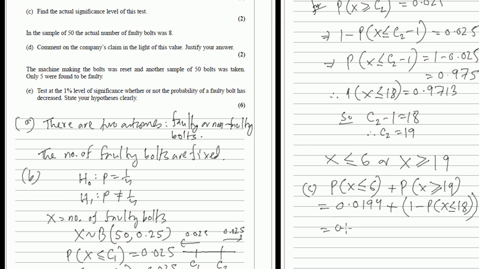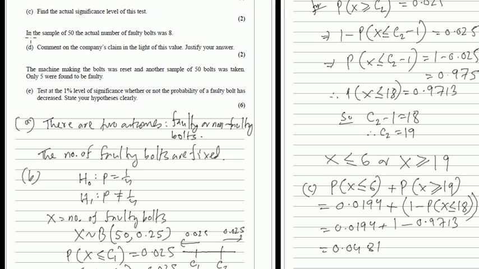So let's put in the values: 0.0194 plus 1 minus 0.9713. Obviously it is going to be closer to 5%. So this is the actual significance level.